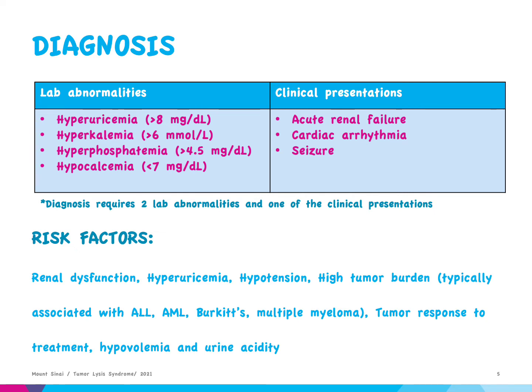Overall tumor burden and organ involvement can increase the risk for tumor lysis syndrome as well. Like we talked about, tumor response to treatment, hypovolemia, and urine acidity, because acidic urine increases the risk of uric acid precipitation.